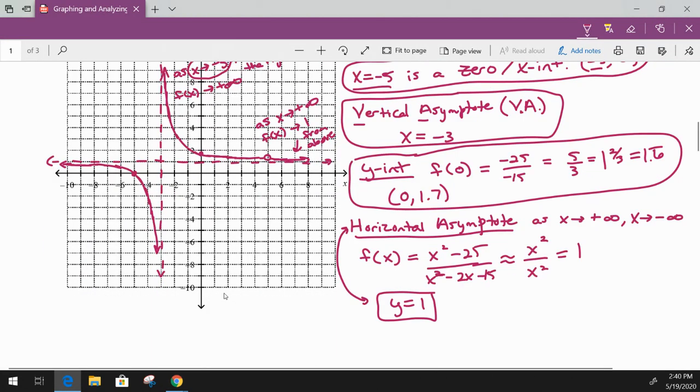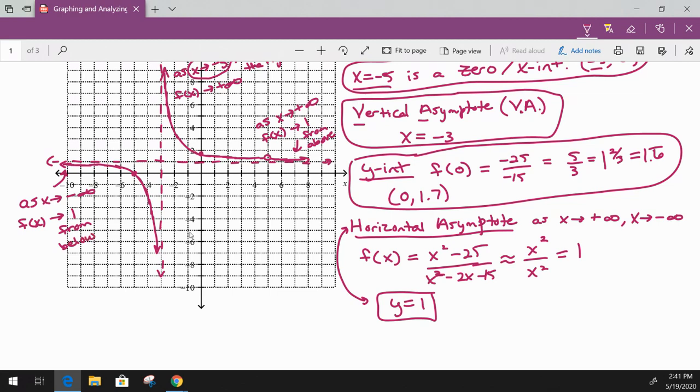So if you have to describe your end behaviors on this side, as x is approaching negative infinity, the graph of f of x is approaching 1 from below.